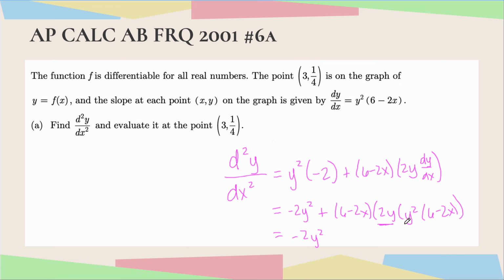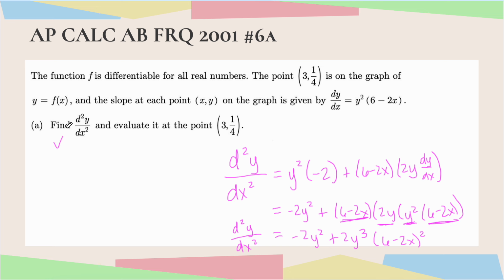So first, if I were to just multiply my 2y times y squared, I just get 2y cubed. And now if I have (6 minus 2x) times (6 minus 2x), that is just (6 minus 2x) squared, making this look a lot nicer, right? And so this is actually our second derivative here. So d squared y over dx squared.